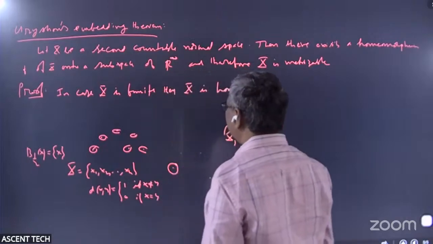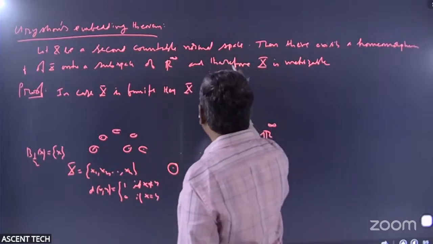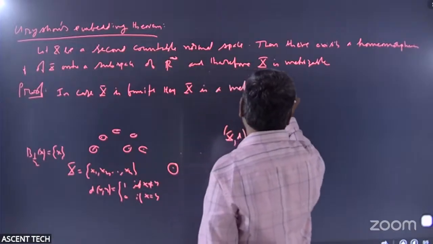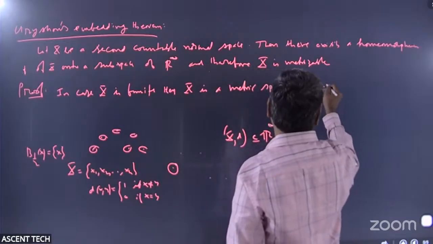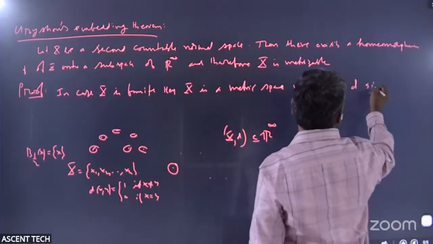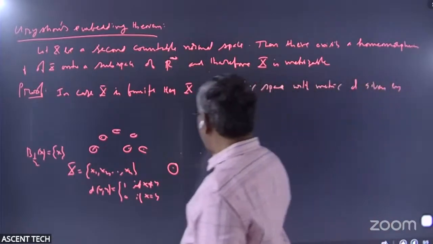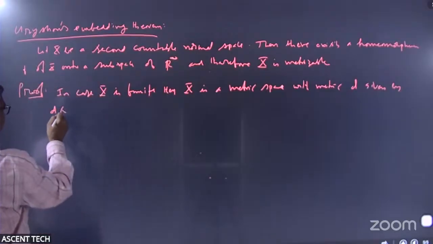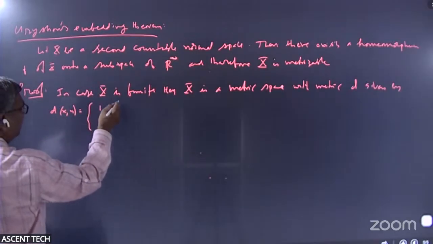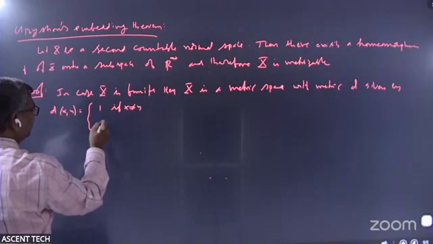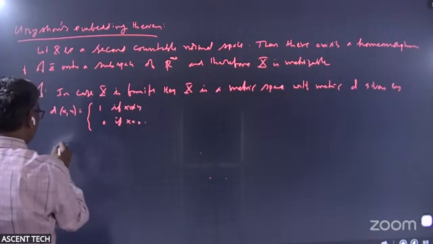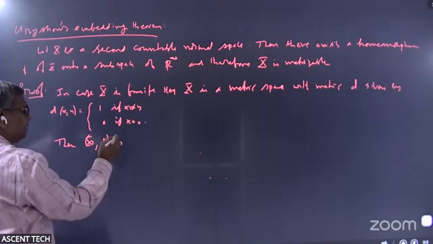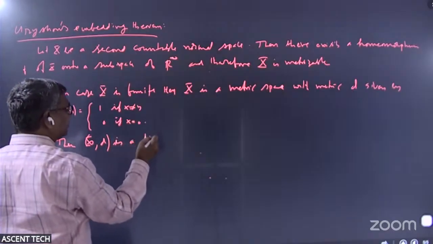In case X is finite, then X is a metric space with metric d given by d(x,y) equal to 1 if x is not equal to y, 0 if x equals y, and then X is a discrete space, a discrete topological space.